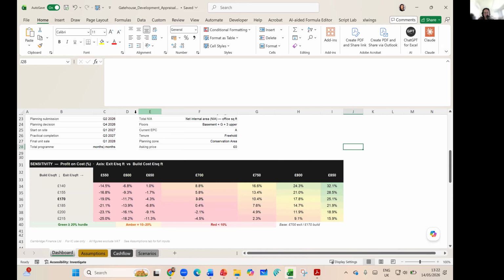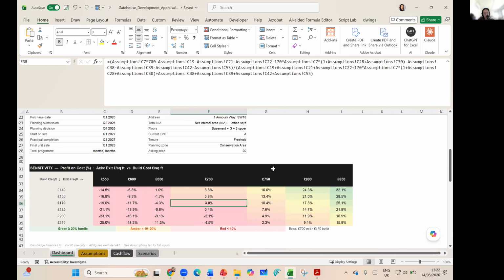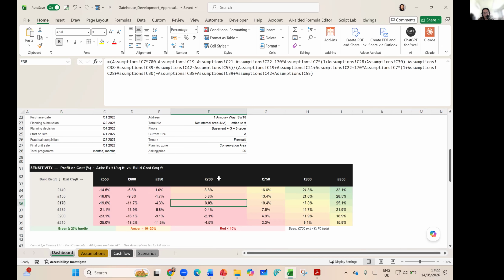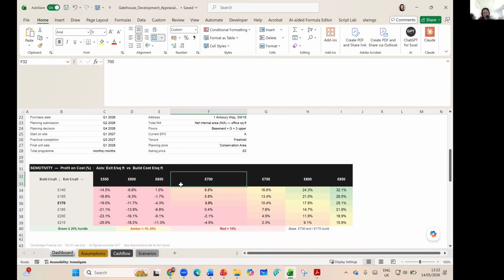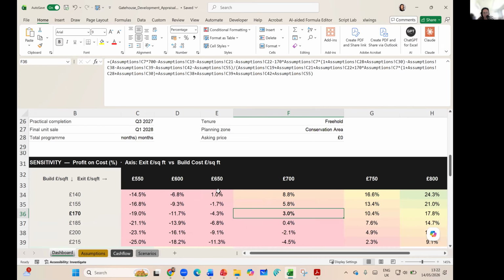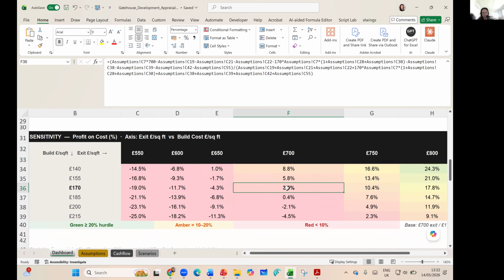What we have to do here is think about, if the build rate is 170, and you sell this for 700 per square foot, your profit on cost here is going to be 3%.